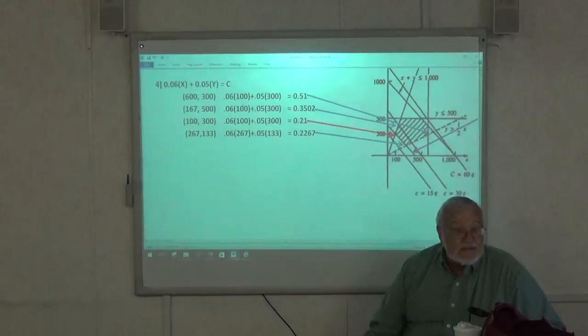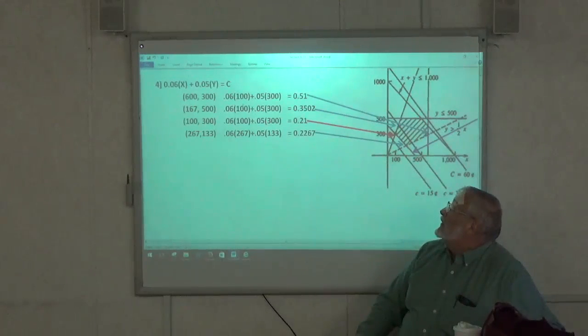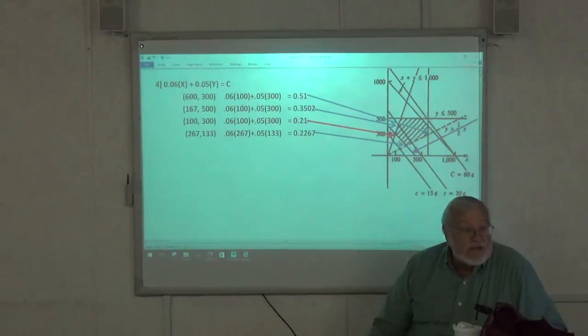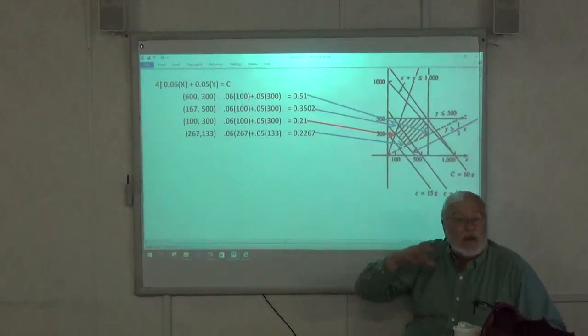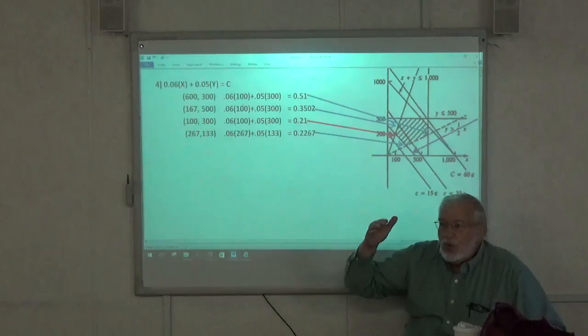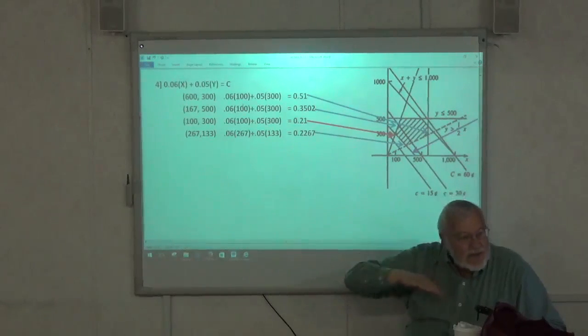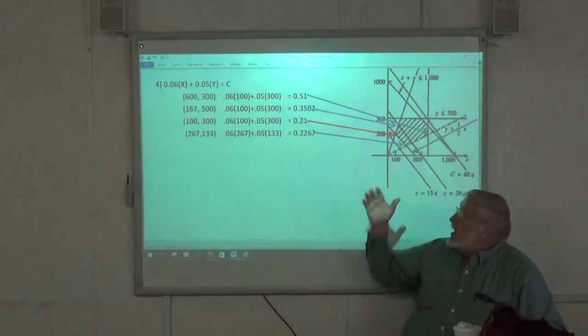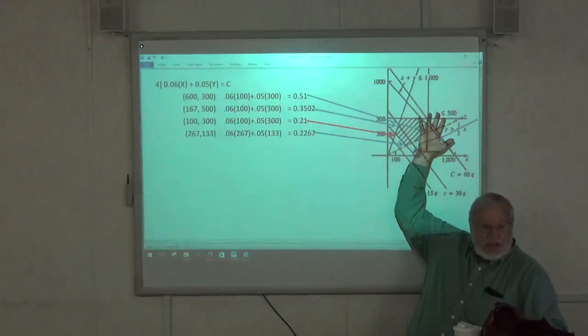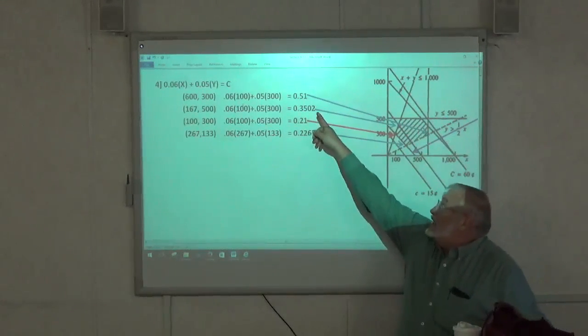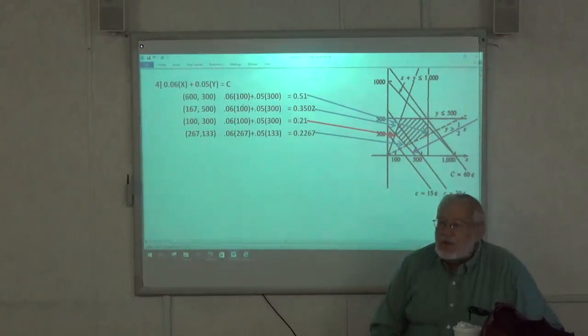0.21, 21 cents. Right? What's the largest number? 51 cents, right? And so if the question had said, what is the least and greatest amount that you could expect given these limitations, you would say somewhere between 51 cents and 21 cents a unit.